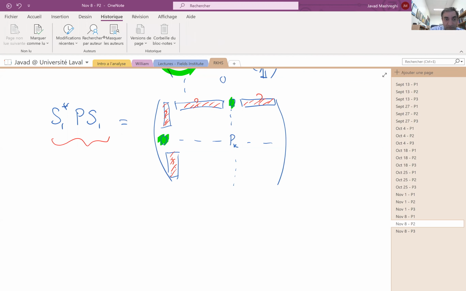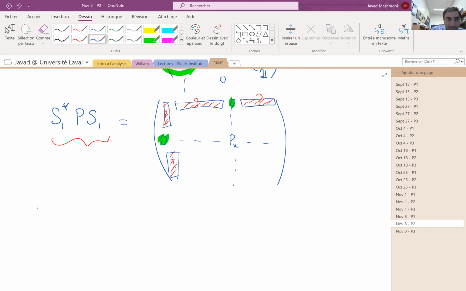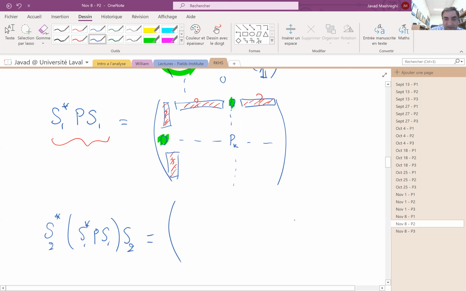And repeat this operation now, with the goal, on this matrix, to find S2 such that when you choose S2 star, the result is the matrix we had before, but now with 2 zeros.